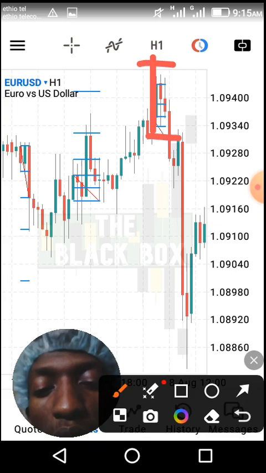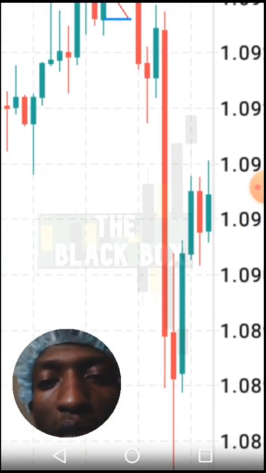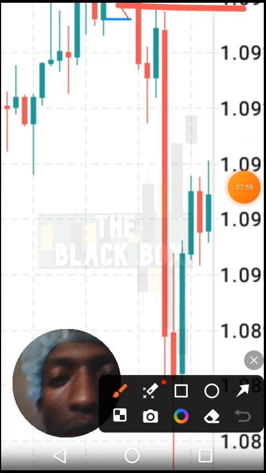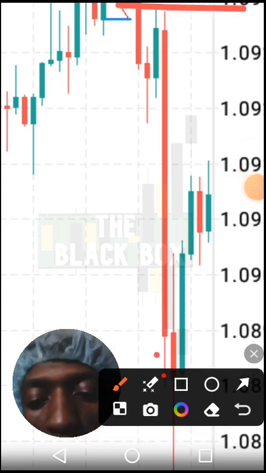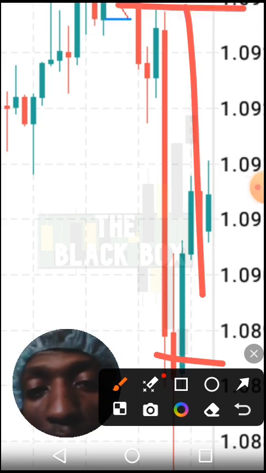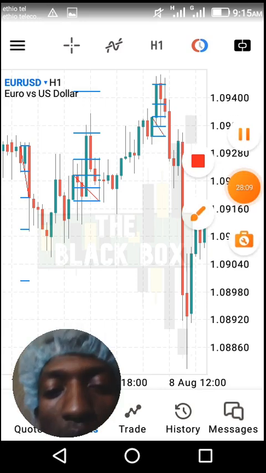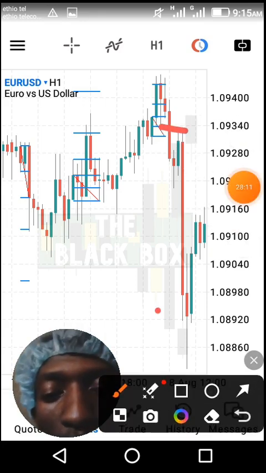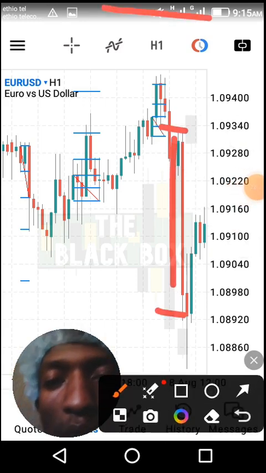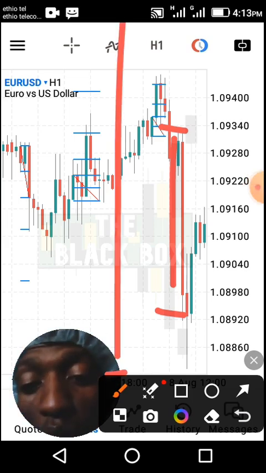So if the market is zoomed in just like this one, it might seem bigger. It might seem from up there to down there. My stop loss should be up there, right? But no. When you zoom out, the stop loss is actually from down there to down there, not up there to down there. There is a huge difference between them, huge.